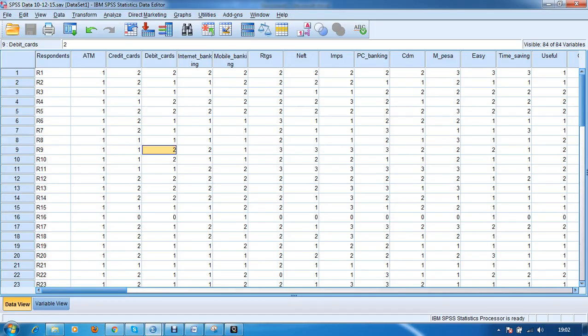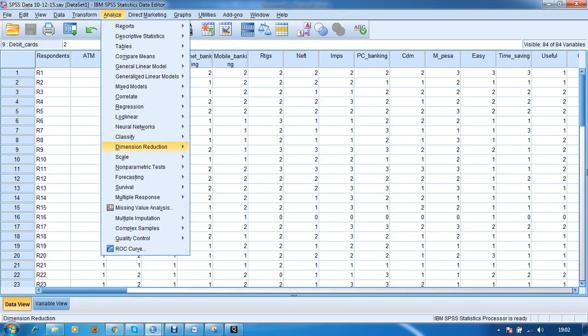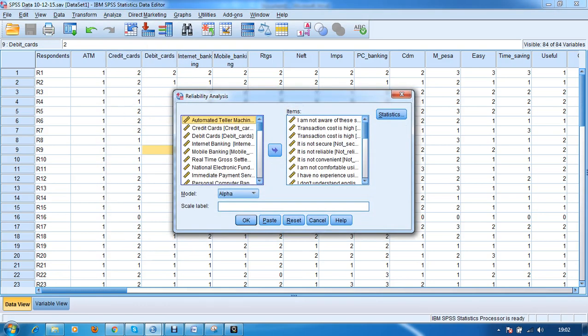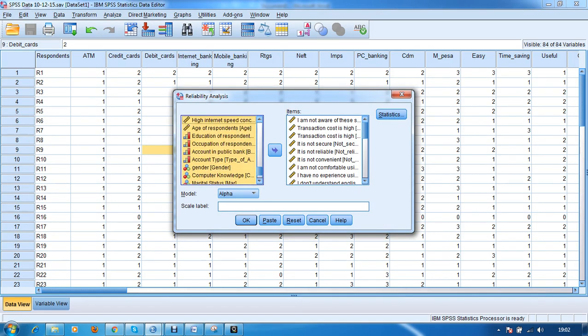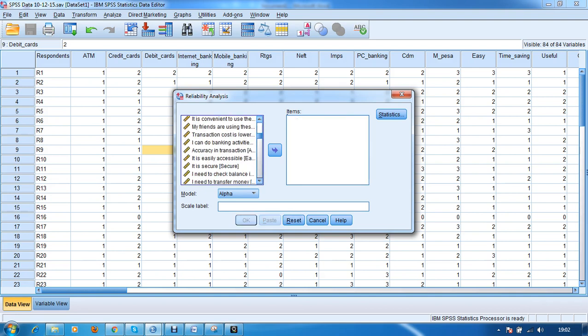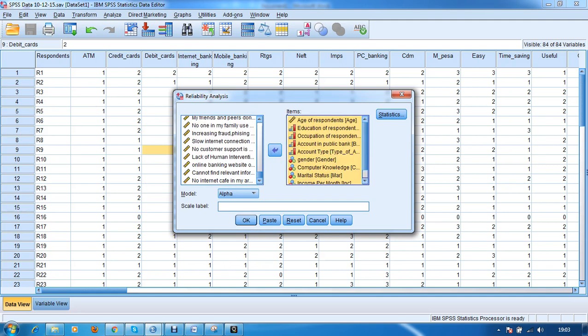Next, I want to check whether my demographic variables are even reliable. That is not necessary. Sometimes experts suggest that it's not necessary to test the demographic variables, but still let's make it a point to check even the demographic variables. So here, as I include my demographic variables, I can click OK.